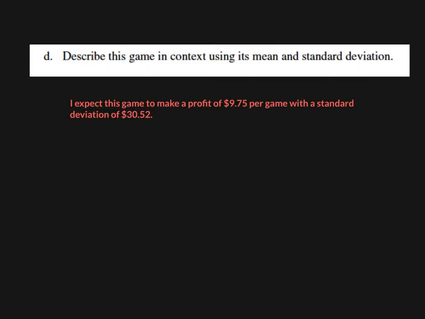If someone were to ask me to describe this game in context, using its mean and standard deviation, I would give a line like such. I would expect this game to make a profit of about $9.75 per game with a standard deviation of $30.52. It may not hurt to say something like using the law of large numbers, right, that I would expect this game to make a profit of $9.75 per game with a standard deviation of $30.52.